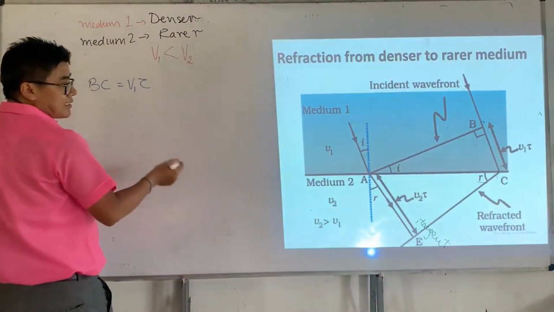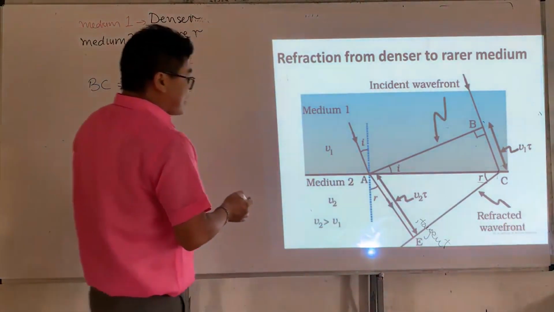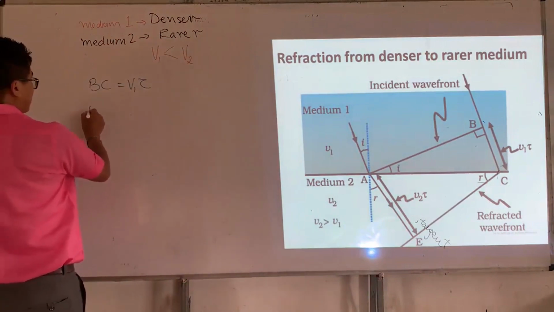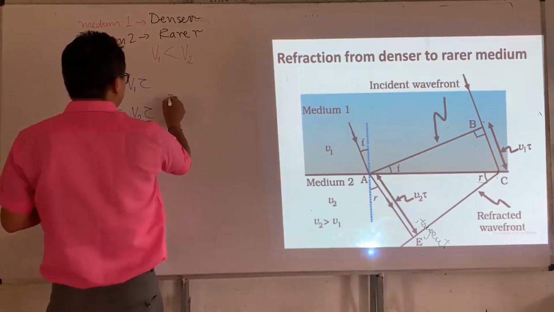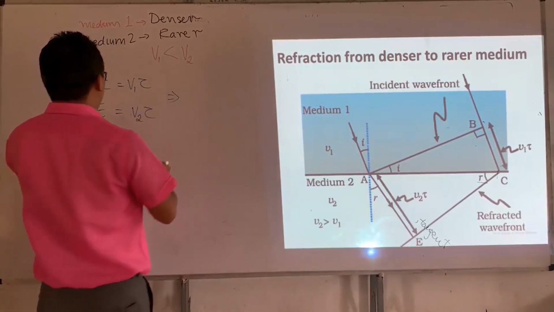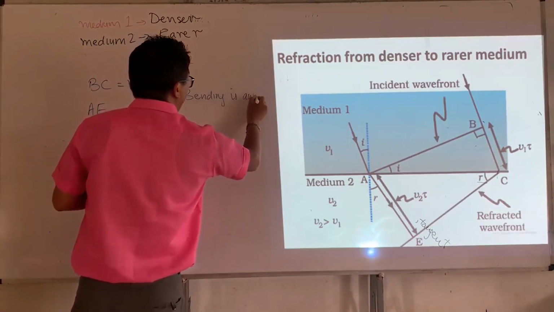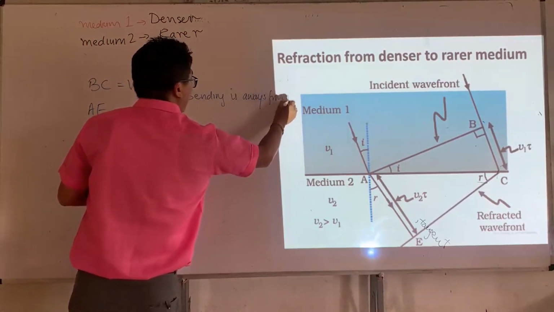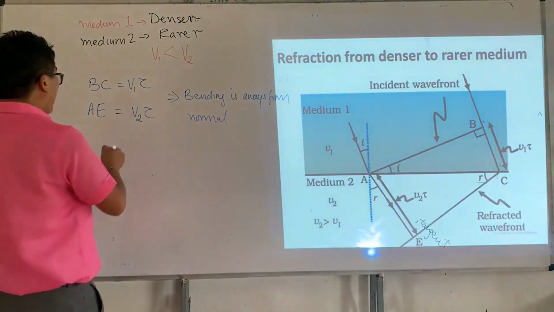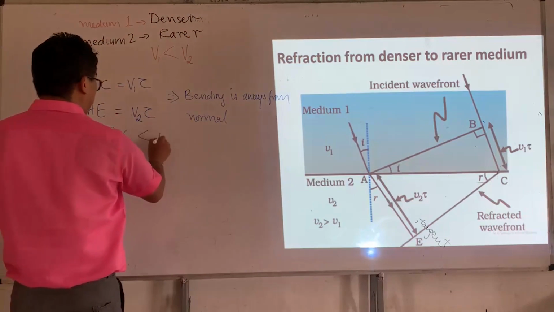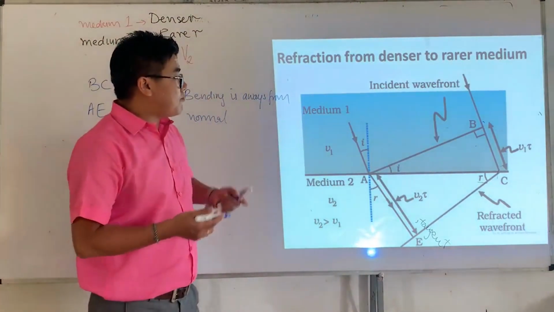Now when the light enters the second medium, the wave travels a little faster, so the distance AE is going to be greater, which implies that the bending is away from the normal. Why? Because BC is less than AE. Light travels a greater distance in the rarer, second medium than in the first medium.